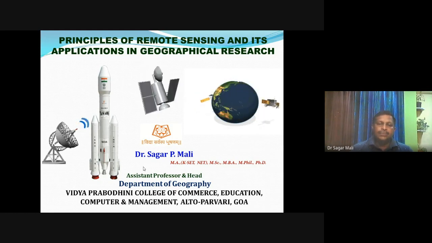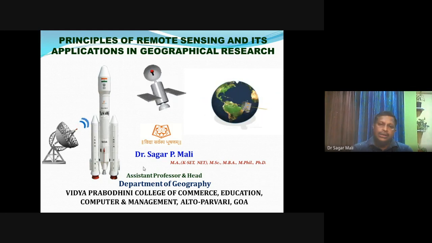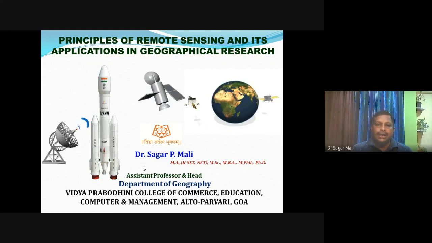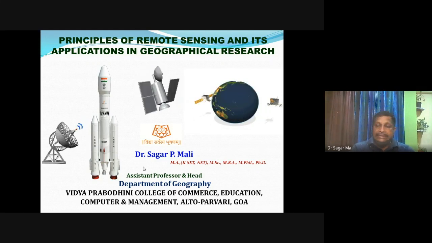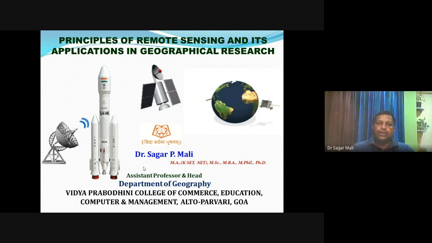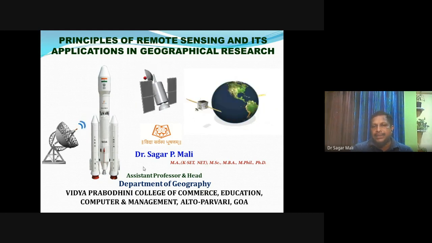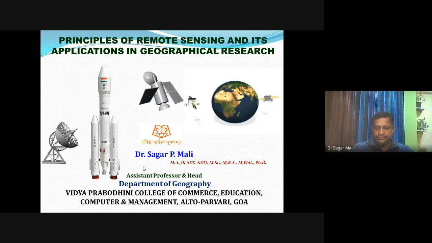That's why remote sensing technology, not only in geography, has become a very essential technique in the modern era in all types of disciplines. So today we are going to learn about the principles of remote sensing and its application in geographic research.